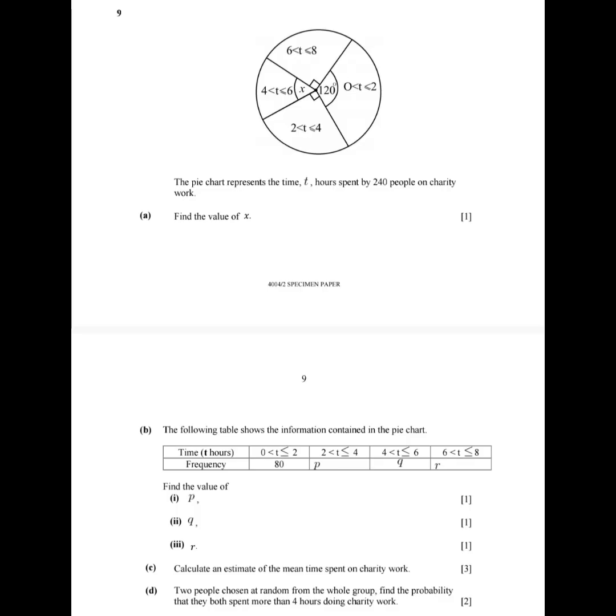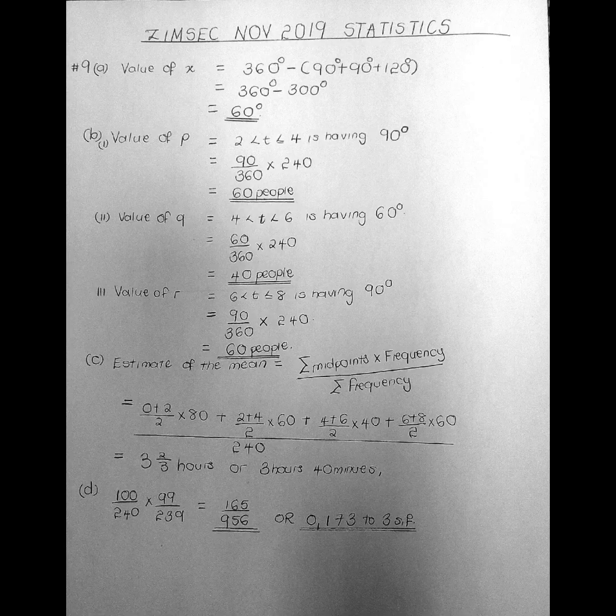And then on part 2, we are supposed to find the value of Q. So for time from 4 to 6, our degree is 60 degrees. So we say 60 over 360 times 240 in order to get 40 people.